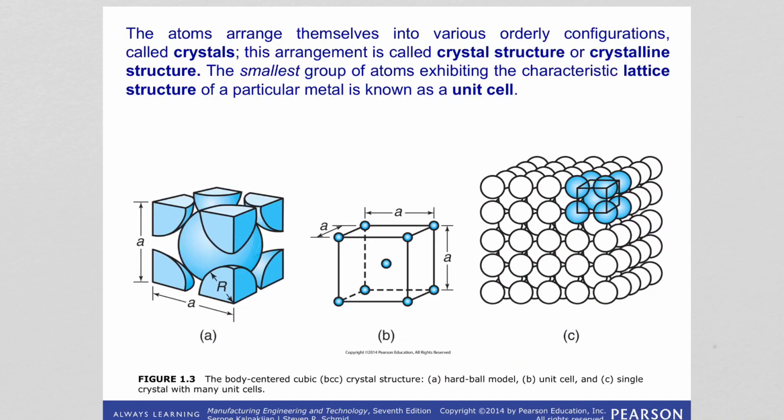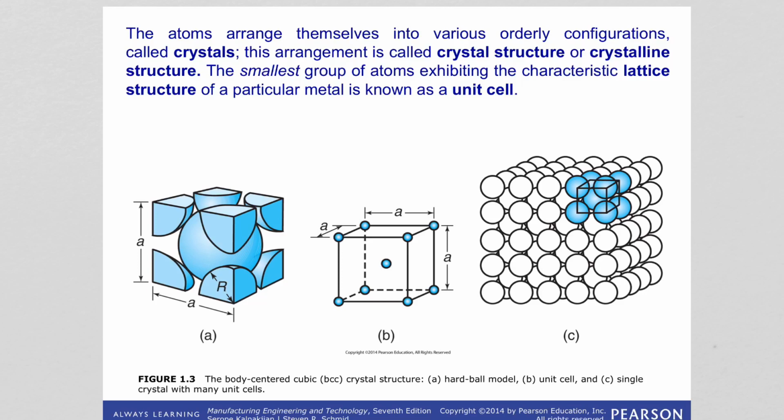So now we learned about atoms and the bonding between the atoms, and then the 3D arrangement of these atoms in space, right? They can only be arranged in certain configurations. And you guys learned these in materials engineering class.